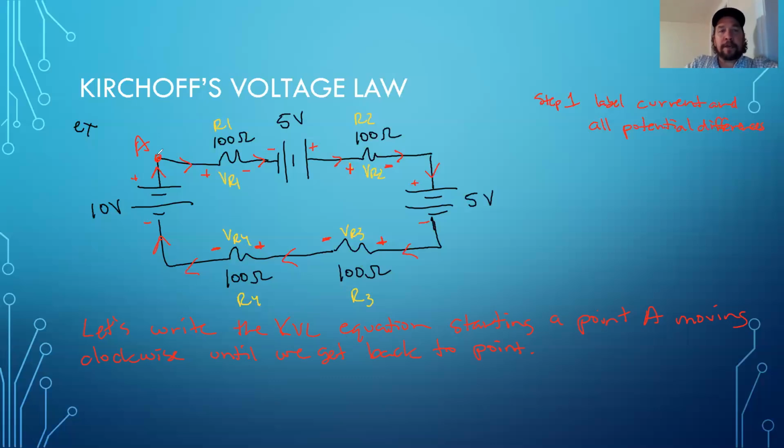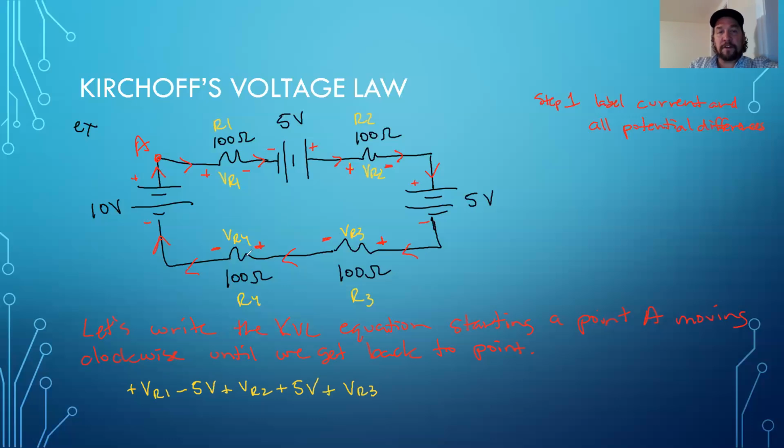So if I'm at point A, following the current, I see the plus sign, and this is VR1. So I'm going to write plus VR1. Continue, I see the minus sign, so I'm going to say minus 5 volts. I'm going to continue, plus VR2. Plus 5 volts. Plus VR3.